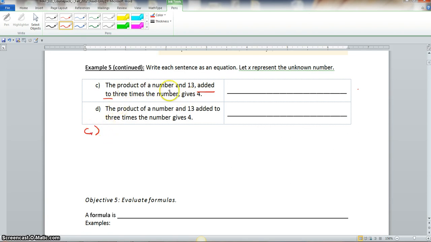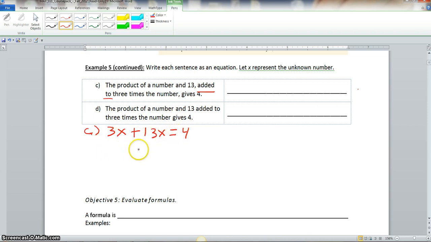So here it says the product of a number and 13, comma, added to 3 times the number. So we'll do 3 times the number, which is 3x, and then the product of a number and 13. That would be added. So it'd be 3x plus 13x, and it gives us 4, which means equals 4. And that is it, because they just wanted us to write the sentence.